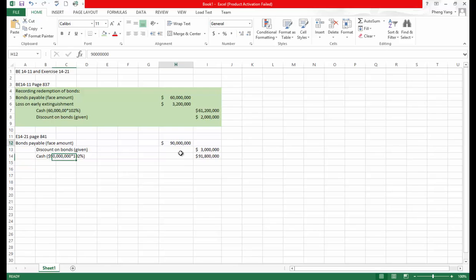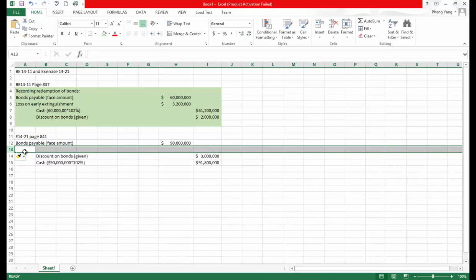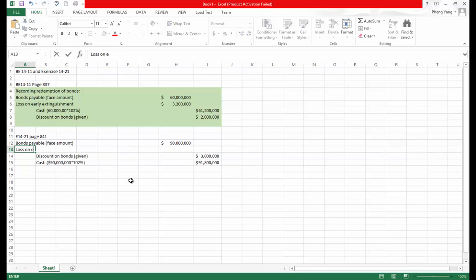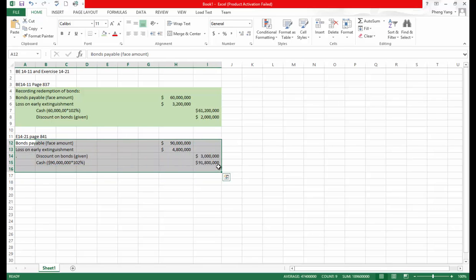So once again, our debits do not equal our credits. Our credits are 94,800,000, which is larger than our debits. We know that we have to debit loss then. So we also incurred a loss on the early extinguishment of debt in this situation. Okay, so we lost $4.8 million.